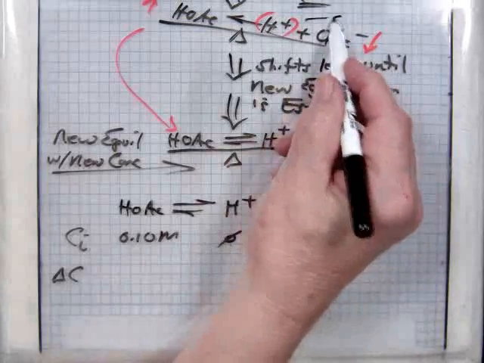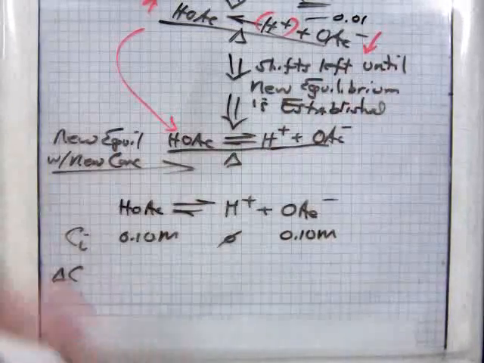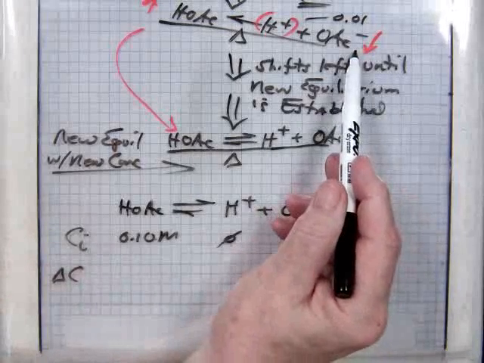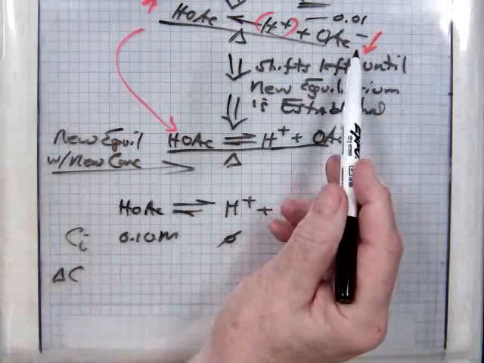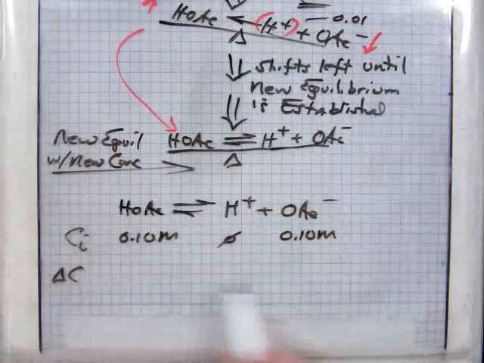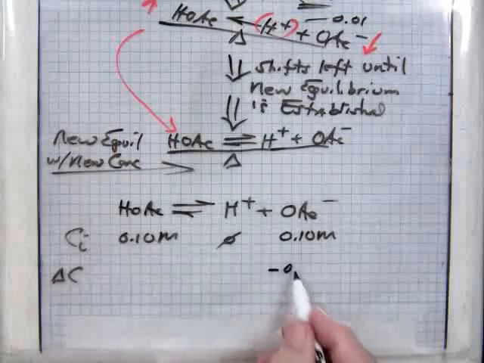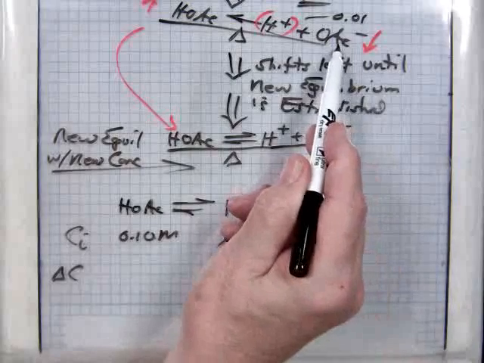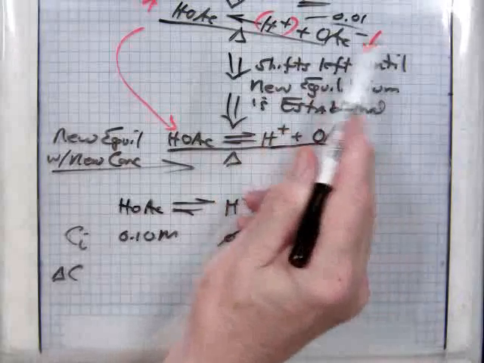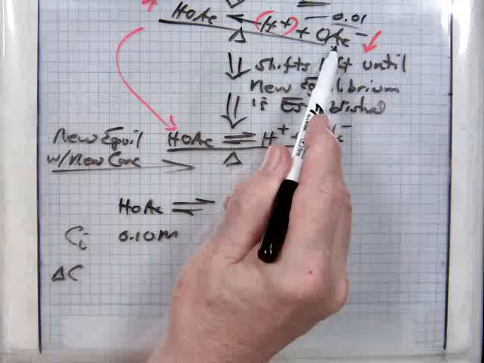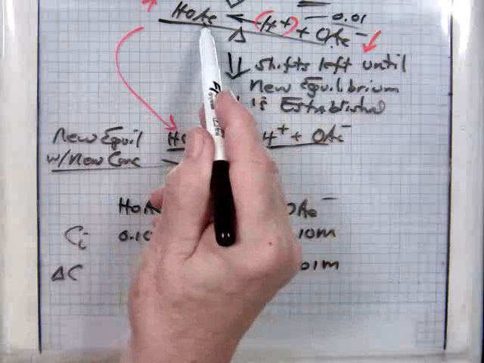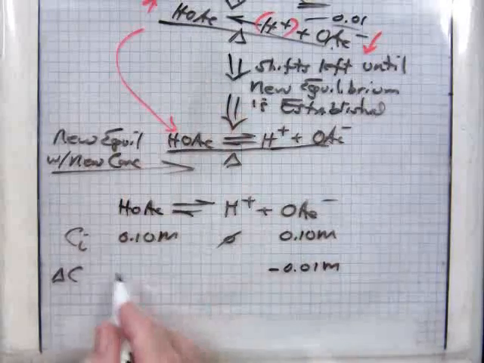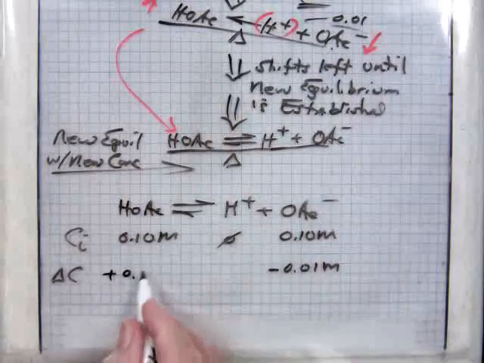We put in 0.01 molar. That got to be taken out. So I showed you this goes down by the amount of acid removed. So in the change row, you subtract 0.01 molar. You are removing that excess by combining with the OAc and shifting over here. Now you have a 0.01 molar higher HOAc, so you come over here with 0.01 molar.